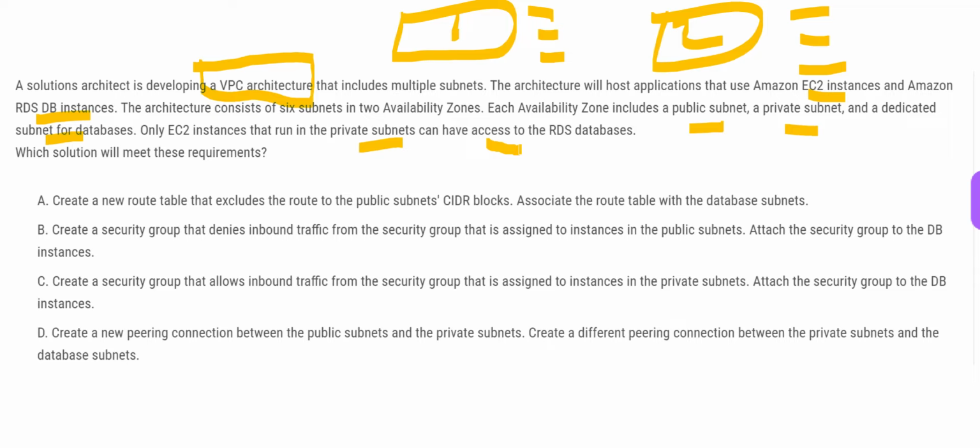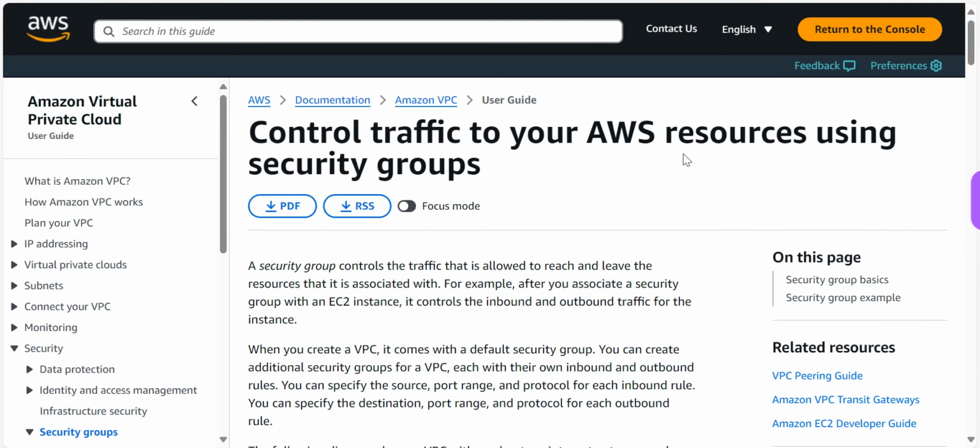Now, what will we use to implement this out of these four solutions? You know security groups. In this question, you want to control traffic. That means one sort of traffic can use that road, the other traffic cannot.